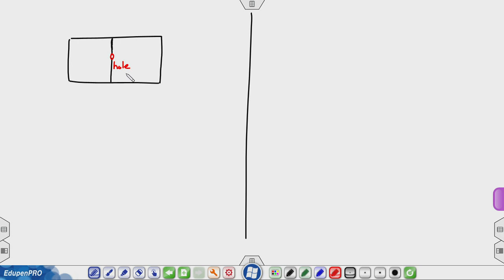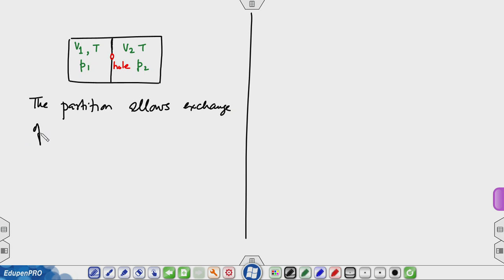On the left-hand side, the volume is V1, temperature is T, and pressure is P1. On the right-hand side, volume is V2, temperature is T, and pressure is P2. The partition allows exchange of heat. So the temperature is the same.